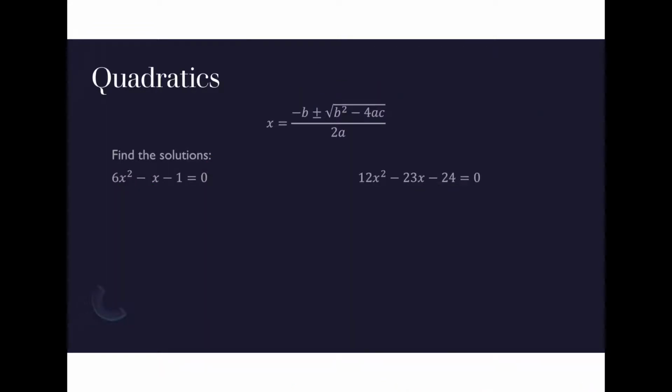All right, a couple more examples here. I'm just going to put this up here. A is equal to 6 in this case, B is equal to negative 1, and C is equal to negative 1. Notice that I'm always taking the symbol that's in front of the term as the sign of my A, B, or C, because remember the general equation was ax squared plus bx plus c equal to 0.